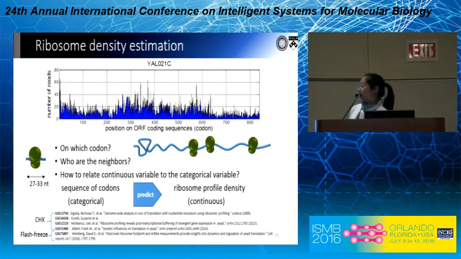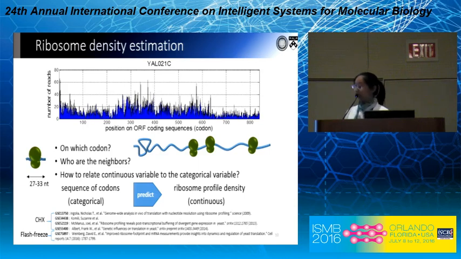And also, as a researcher starting my career in machine learning and statistical signal processing, I think this is an interesting problem, because we want to use a sequence of codons, which are categorical variables, to predict something that is continuous, because we normalize these densities to get the marginal density.